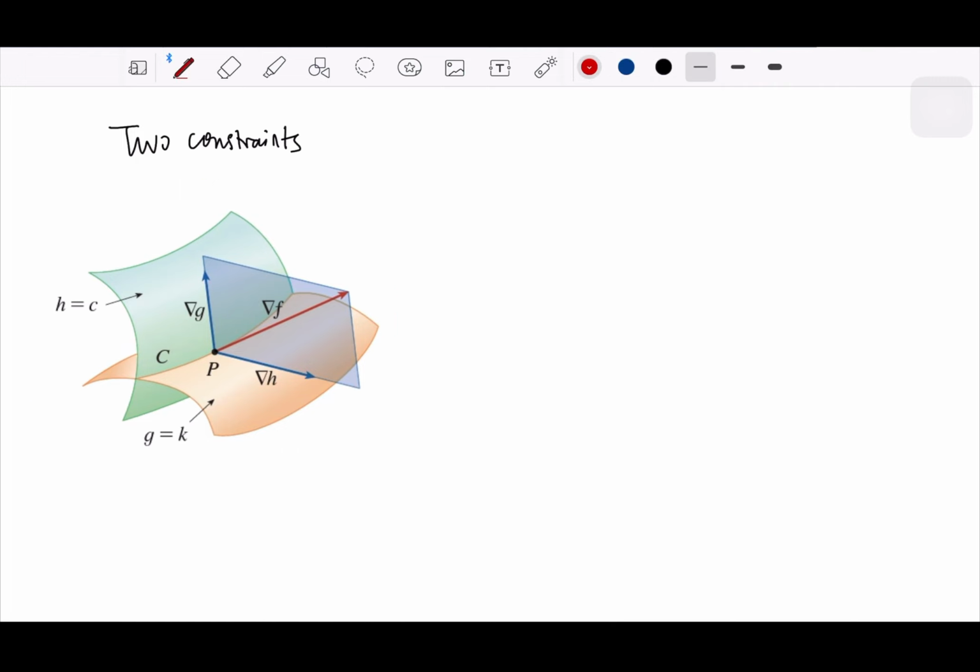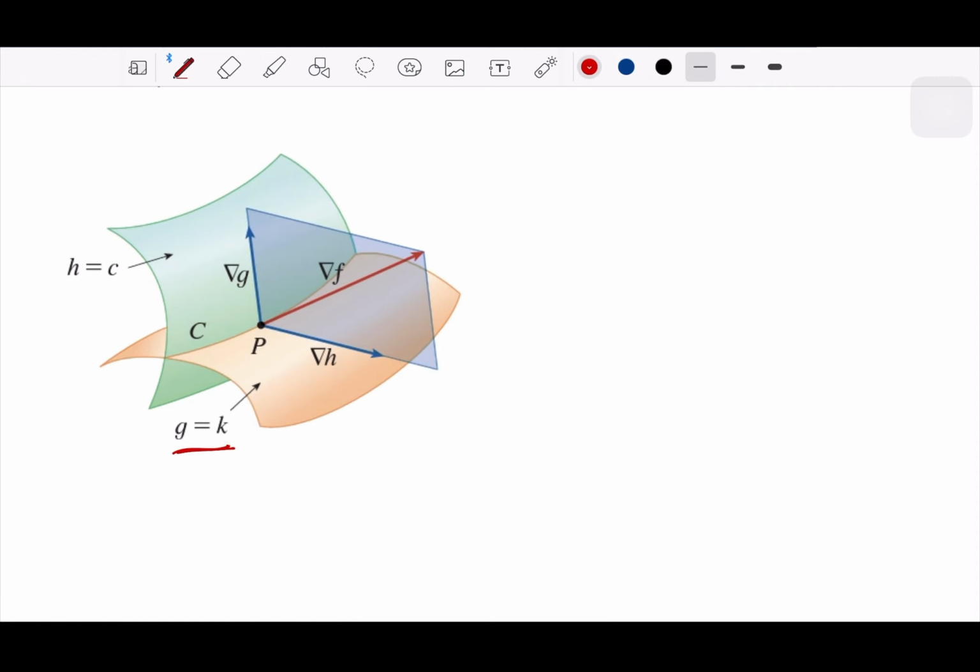The first constraint is g, the second constraint is h. So we are going to have 3 gradient vectors that we are going to maximize or minimize, so that the gradient vector of the curve itself will touch the level curve of g and the level curve of h.